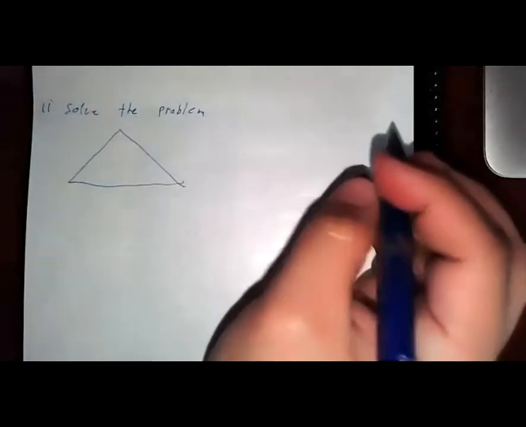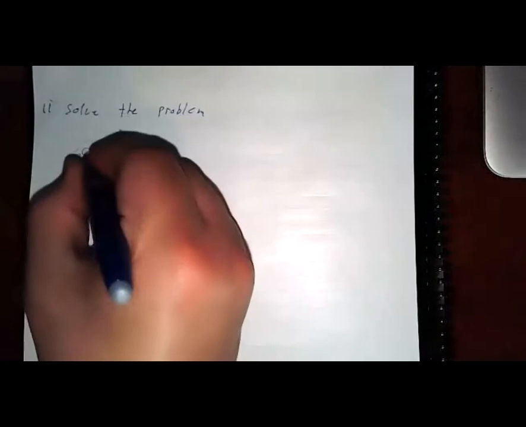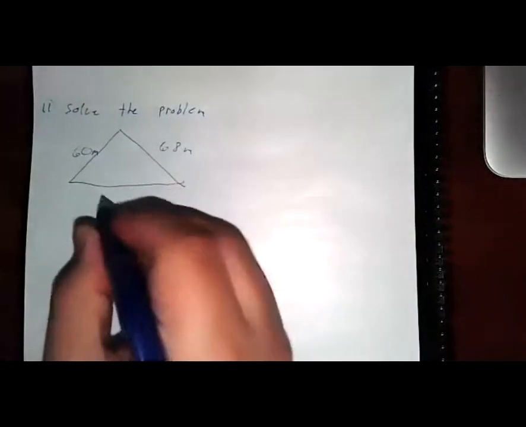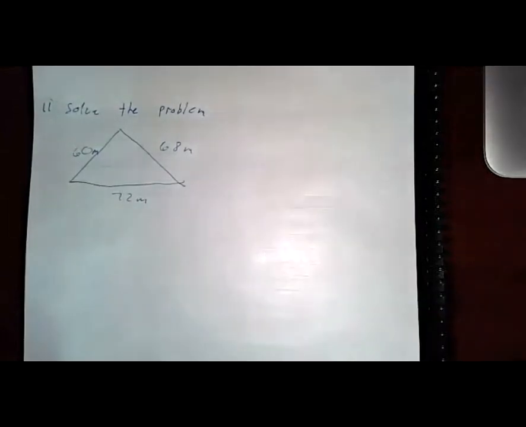So I'm just going to draw the region he wants to paint. Some triangle, he said. I don't care where it goes. They're all meters: 60, 68, and 72. I have all the sides, so we can use Heron's formula again to find the area.